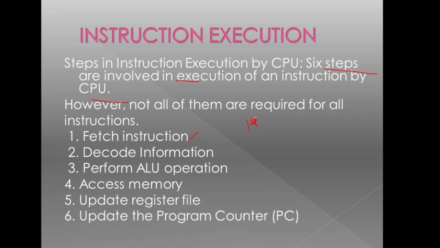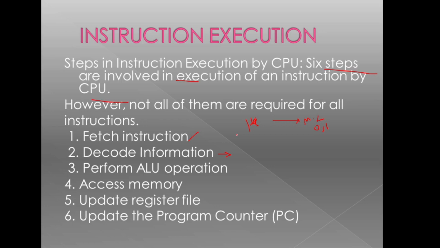Afterwards, it will decode the information. So the user given information, hi, will be converted to machine language. What is meant by machine language here? The machine language is zeros and ones.